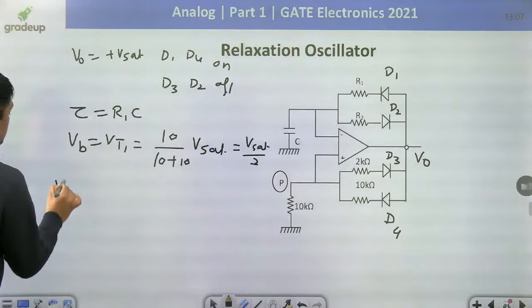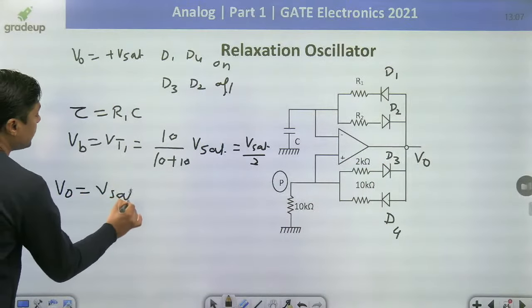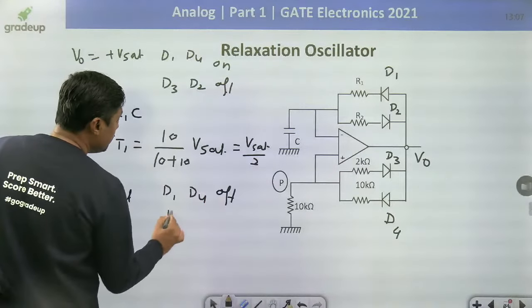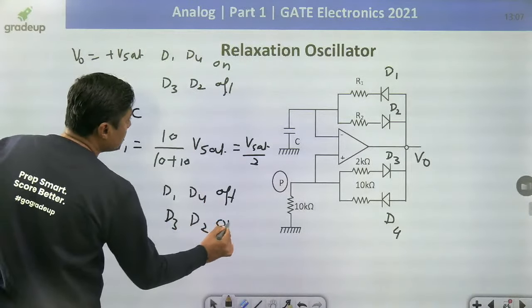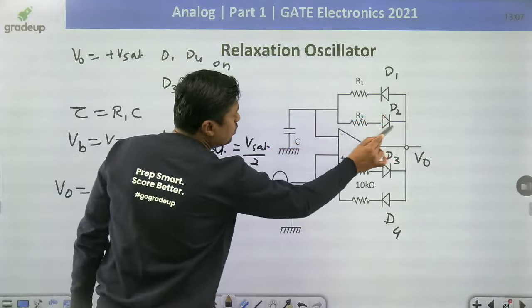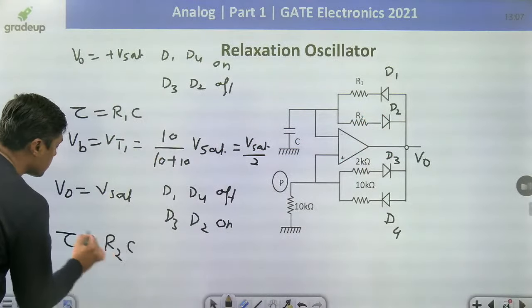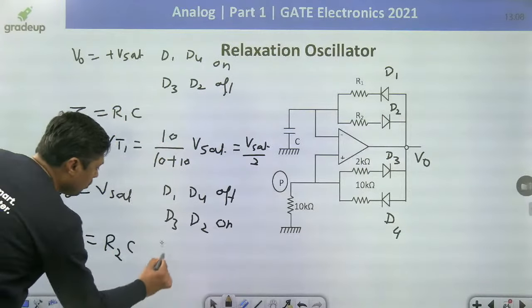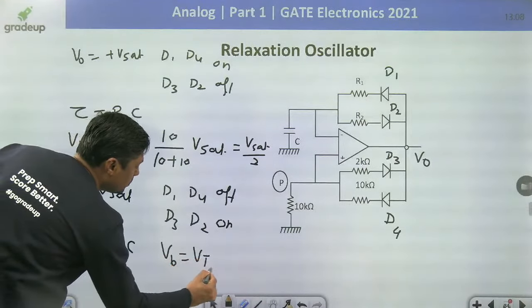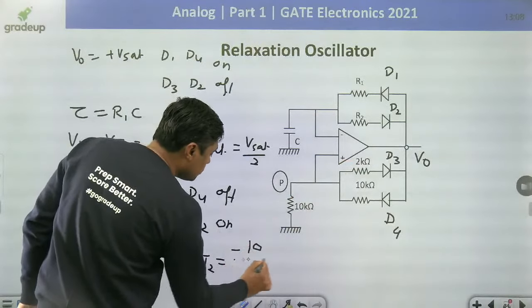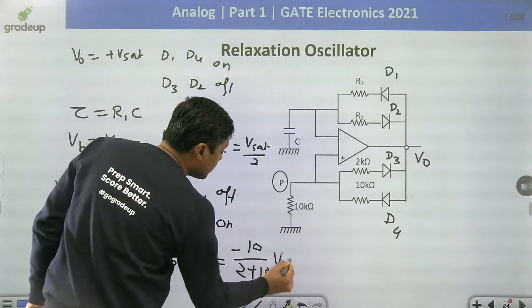In the second case, when V0 is equal to minus Vset, D1 and D4 are off, and D3 and D2 are on. Then what will be the time constant through this path? The time constant of the circuit is R2C. And the threshold voltage Vt2 is equal to minus 10 divided by 2 plus 10, into Vset.